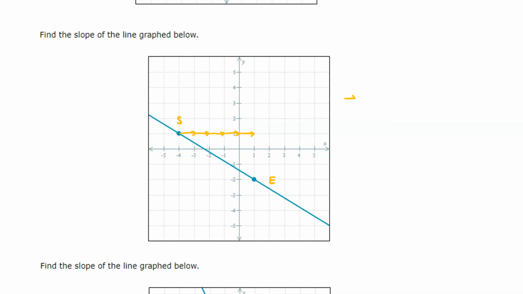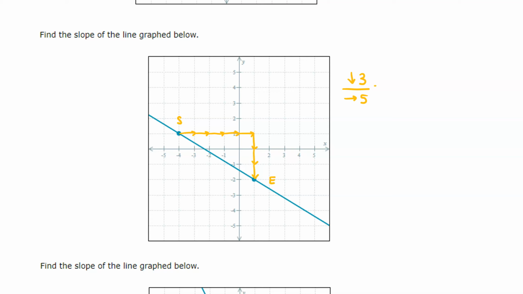So I went right 5 and I went 1, 2, 3 down. Now, even though I counted my right first and my down second, I still have to put the up-down number on top and the left-right number on bottom. So that 5 is for the bottom and the 3 is for the top.